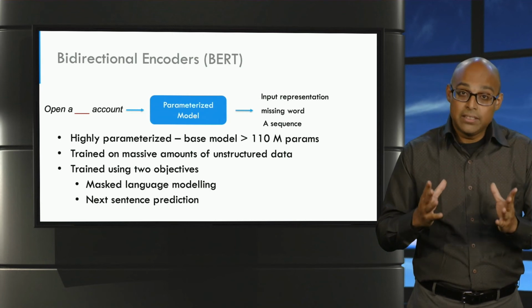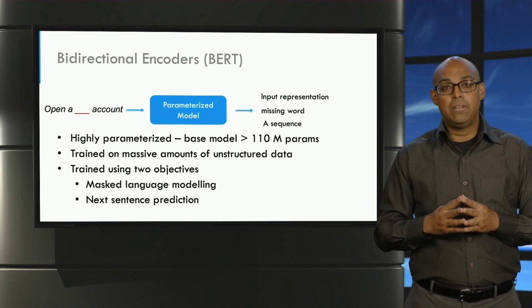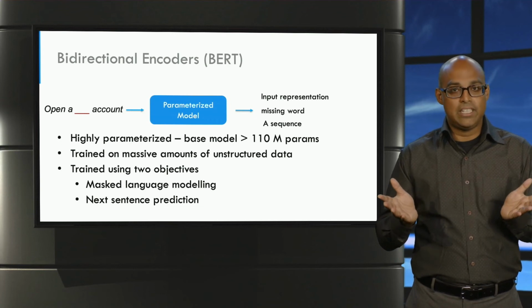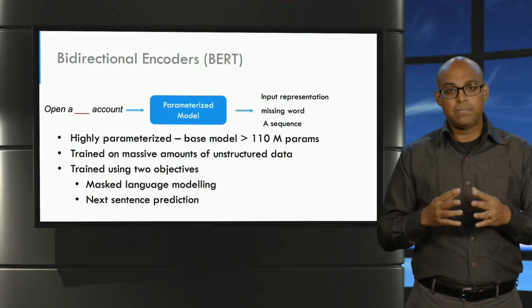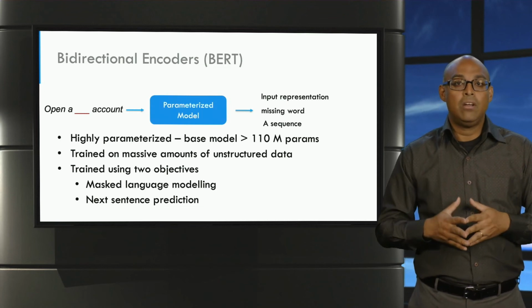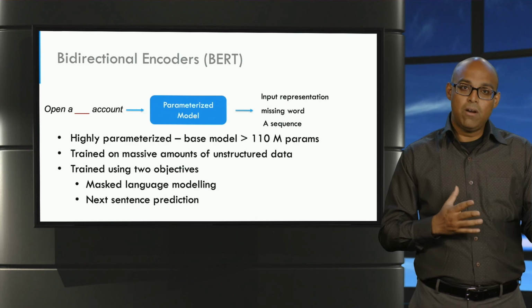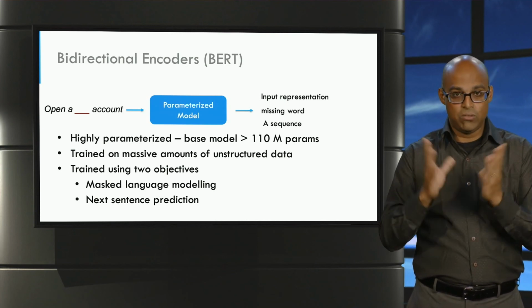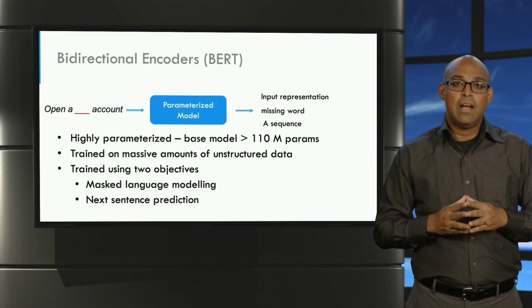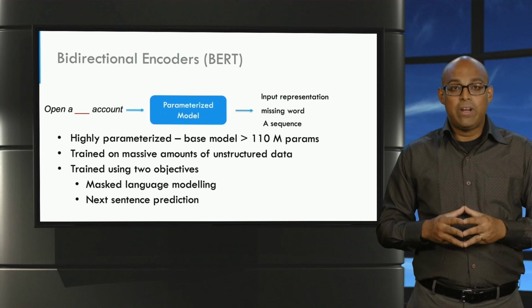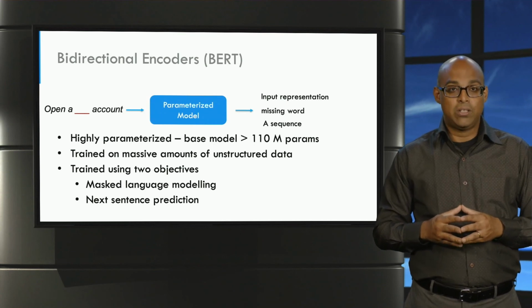What is interesting to note here is that the BERT model marked the beginning of extremely large over-parameterized models for NLP. Specifically, the original English language BERT has two models, the BERT base model, which has over 110 million parameters with 12 encoders and 12 bidirectional attention heads, and the BERT large model, which has 24 encoders and 16 bidirectional attention heads.